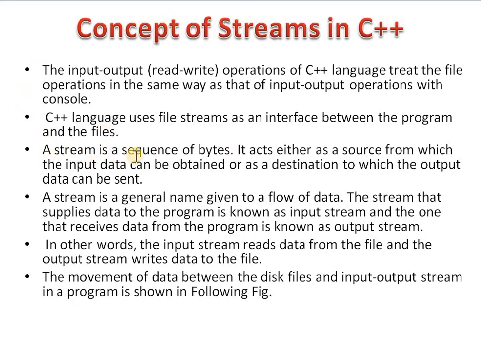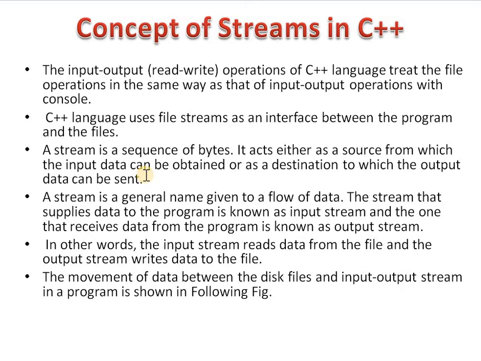A stream is a sequence of bytes. A stream is nothing but a sequence of bytes or sequence of characters. It acts either as a source from which the input data can be obtained or as the destination to which the output data can be sent. The stream works at both sides, the source side as well as the destination.